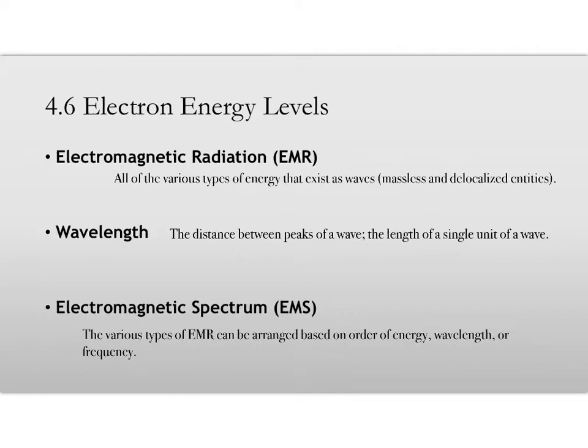Being massless and delocalized means if you imagine light coming from the sun, the light exists everywhere from the sun and to your eyes, essentially, and everywhere in between. And the wavelengths are repeated with the same amplitude, frequency, and everything ad infinitum.